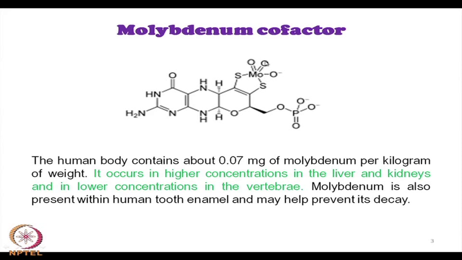This molybdenum dioxo center is very useful, and in this case molybdenum can move from a coordination number of 6 to a coordination number of 5.